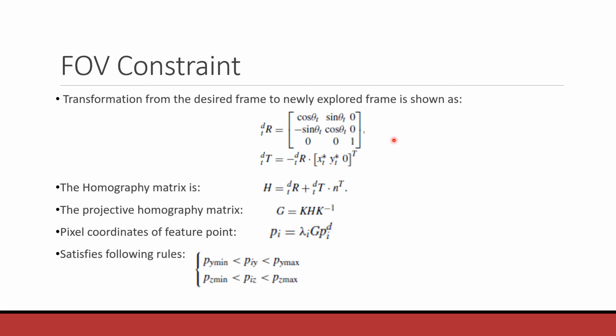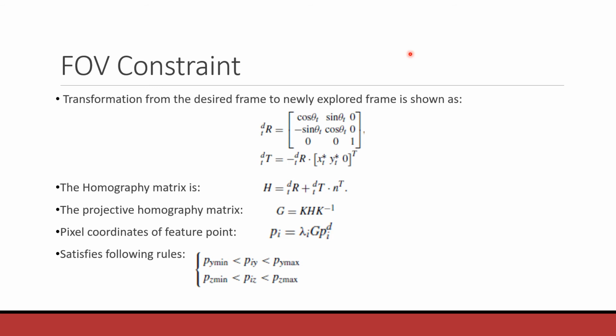So here's the RNT, and using this RNT we find the homography matrix. Then we find the projective homography matrix, and from it the pixel coordinates of each of the feature points. Here we have 4 feature points, right? Each of these feature points is calculated using the projective homography matrix we have calculated. And then we ensure that these conditions are met. Here py minimum, py max, pz minimum, pz max are the constraints of the image view, so that the points do not go out of the image view.